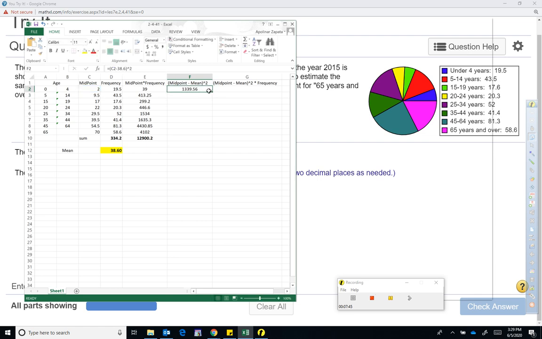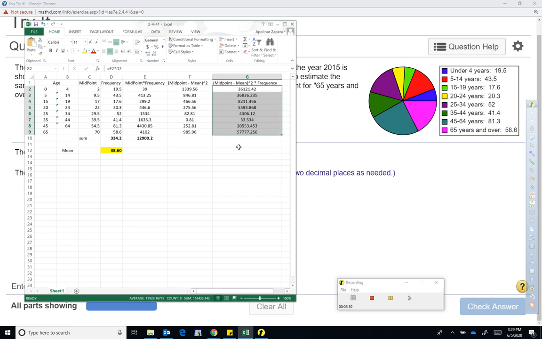And just copy the formula by selecting this small square, and then scroll down. Now, I need to multiply this result by the frequency. So equals the result times, so insert the asterisk, times the frequency, this one, and enter. And now just copy the formula down to here and put it in the center.